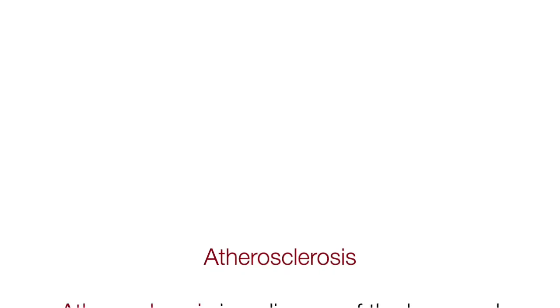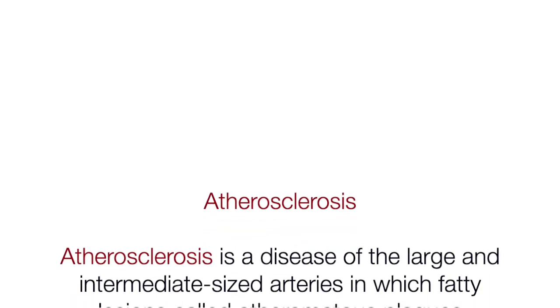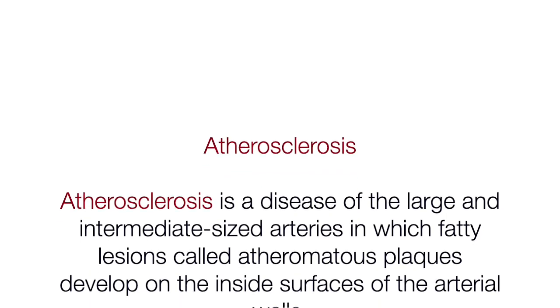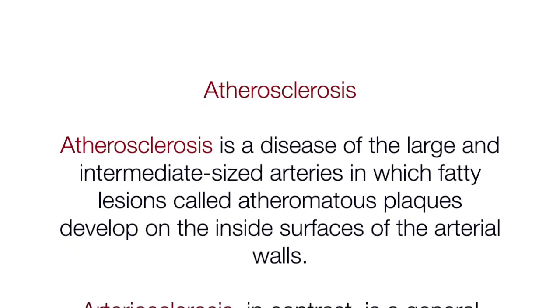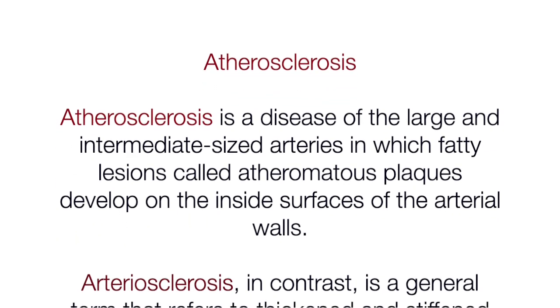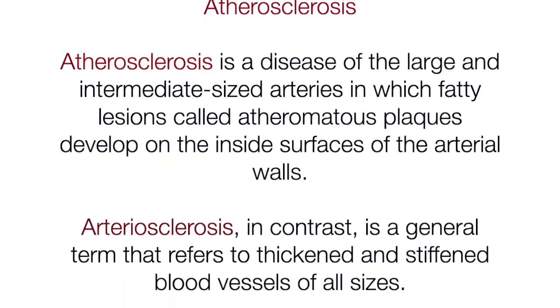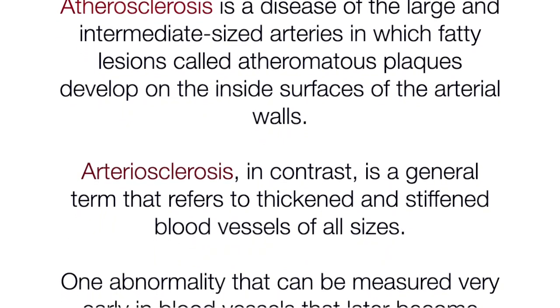Atherosclerosis. Atherosclerosis is a disease of the large and intermediate sized arteries in which fatty lesions called atheromatous plaques develop on the inside surfaces of the arterial walls. Arteriosclerosis, in contrast, is a general term that refers to thickened and stiffened blood vessels of all sizes.